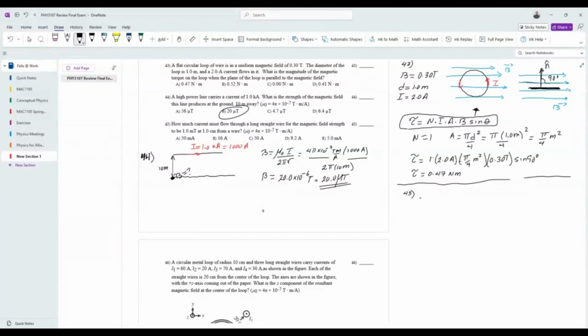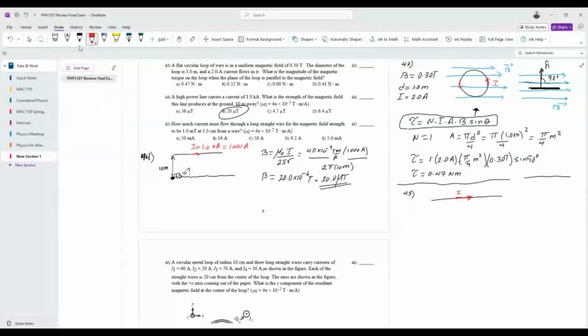So in 45, we have the wire, and we have some current flowing through this wire. And then we're going to have, of course, a magnetic field surrounding this wire.